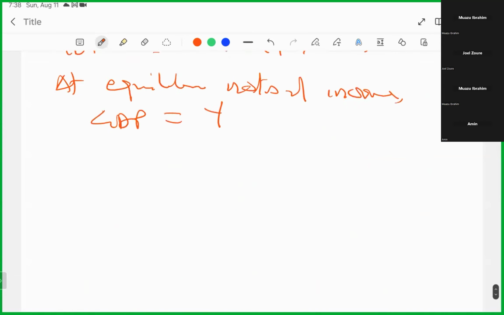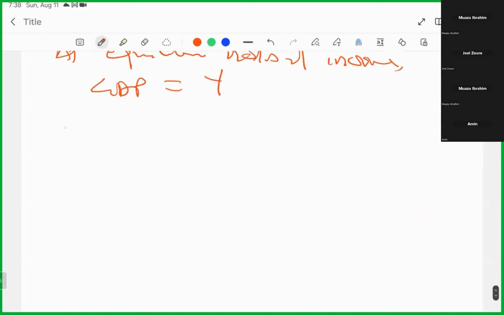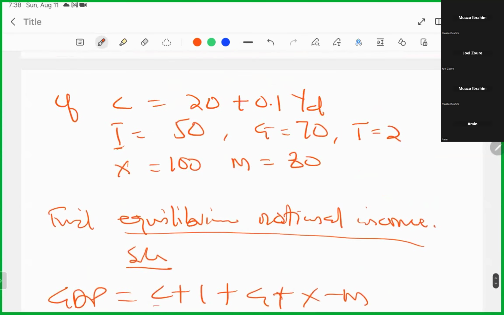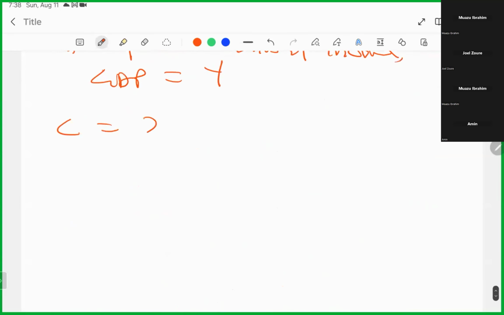Okay. So our consumption function is 20 plus 0.1 YD. Is that not it? So we have to break this down. We know that YD is equal to your income minus taxes.